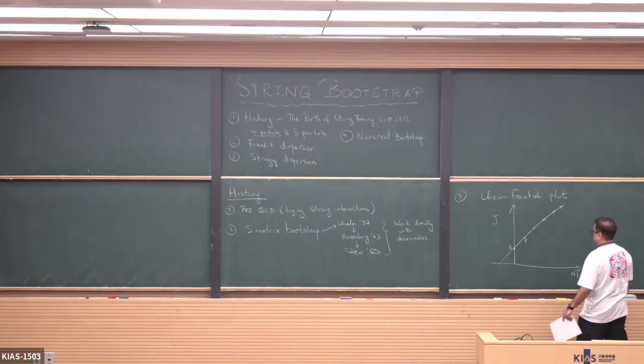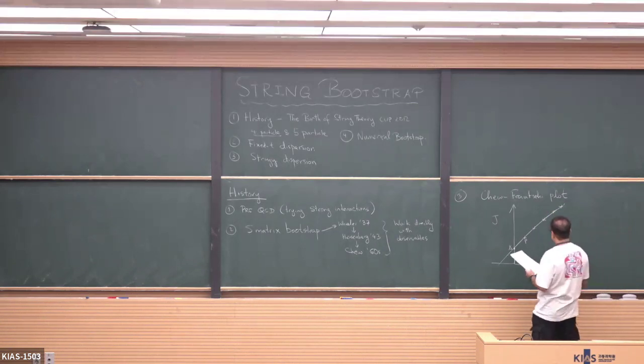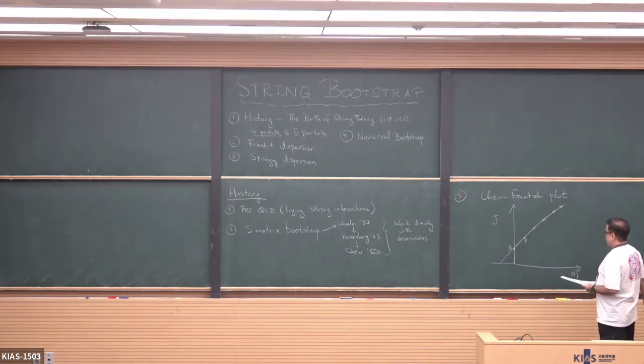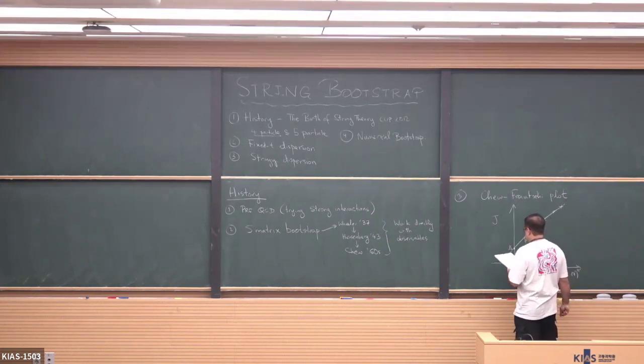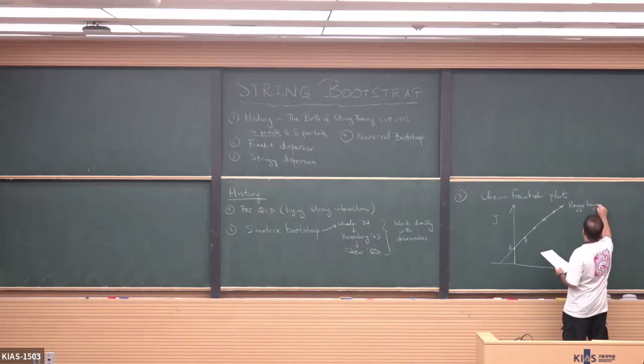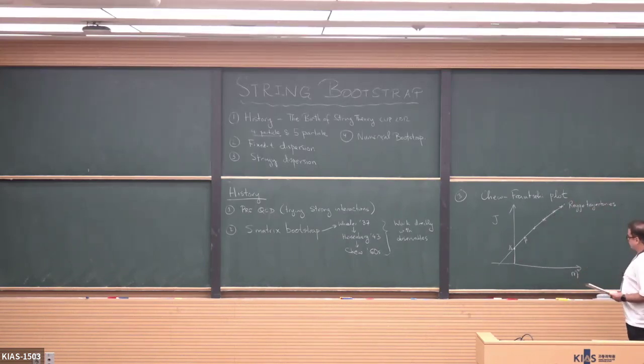So in a scattering amplitude, you would see them as a broad peak. But many of these trajectories, which were observed for mesons, for baryons, all seem to lie on a straight line. And these were called Regge trajectories. And this whole tower of particles that lay on this was called a reggeon.